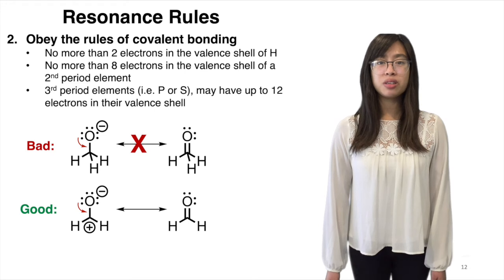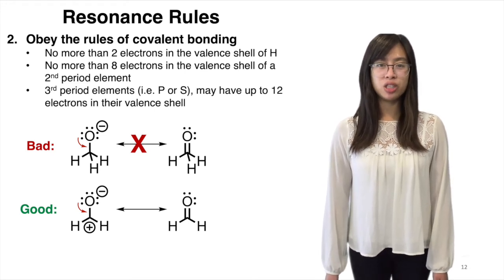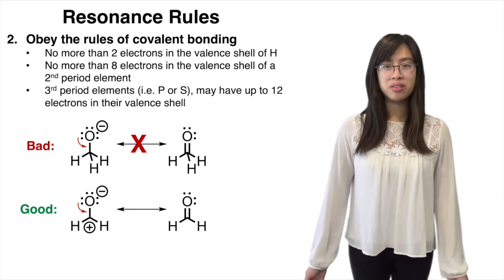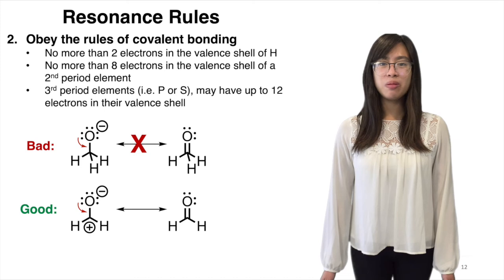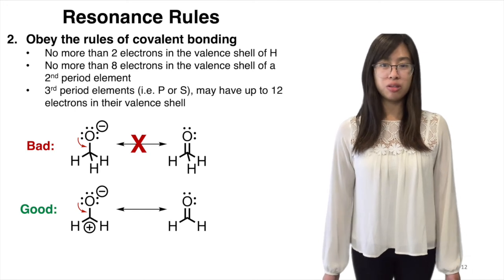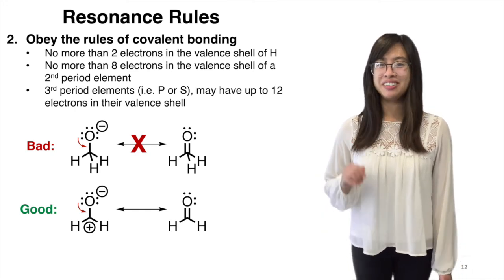And here's a super common mistake. As soon as you see an oxygen with a negative charge, you think, okay, I can push it down to an adjacent bond. But wait, notice that the carbon atom has a hybridization of sp3 since it's already bonded to 4 atoms. So pushing a lone pair to form a double bond would break the rules of covalent bonding for carbon, so do not do that.